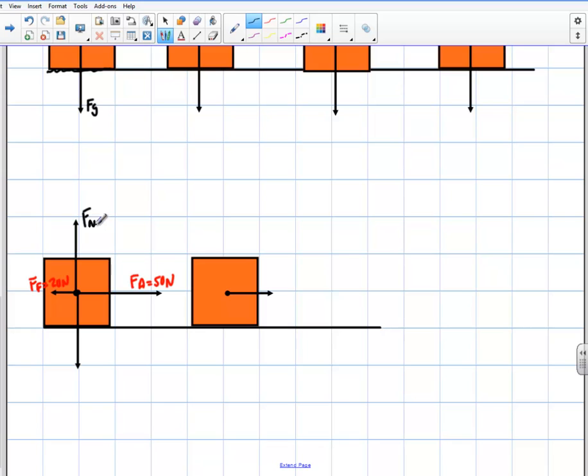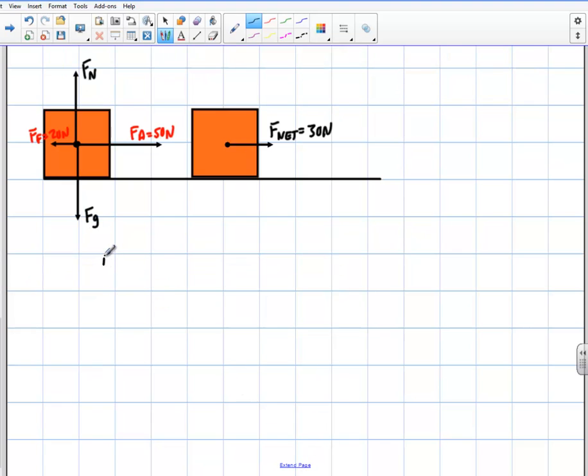Before it was just like a statics first law equilibrium. Now I actually have a net force of 30 newtons, right? Because that's a second law application. I'm saying the sum of the forces here equals F net. And that is the situation.